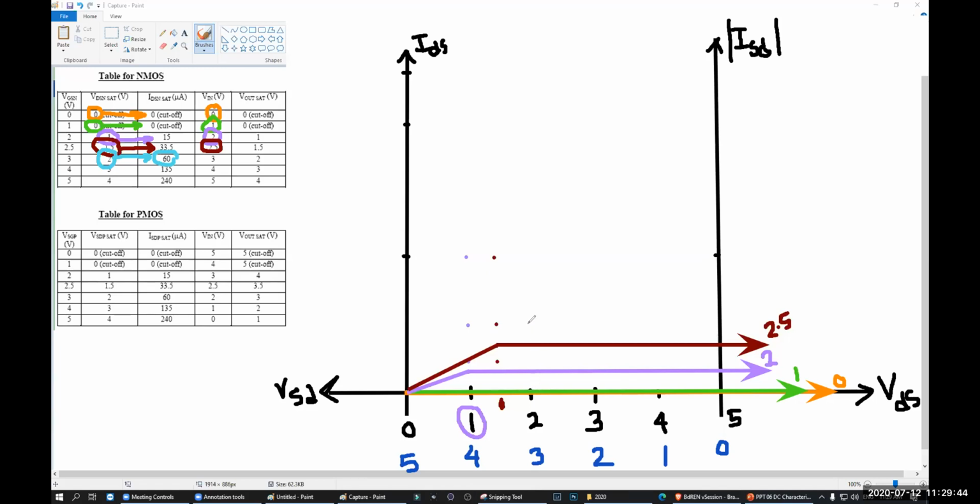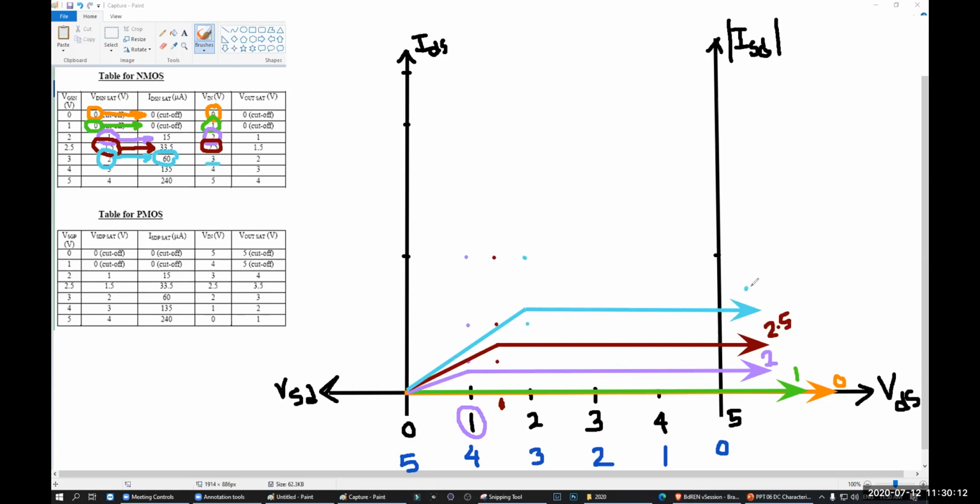This is 50. This is 100. 60 should be here. Okay? So I'm going to draw the arrow from this point onward. I'm going to draw a line from this point to this point. Okay? Like that. And I'm going to write the input as well.